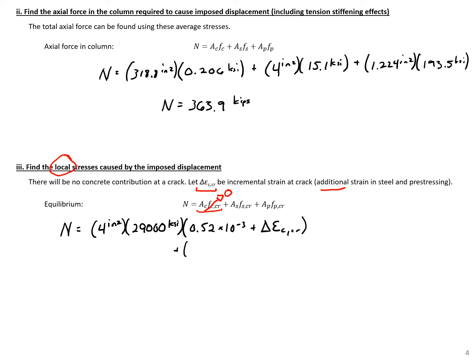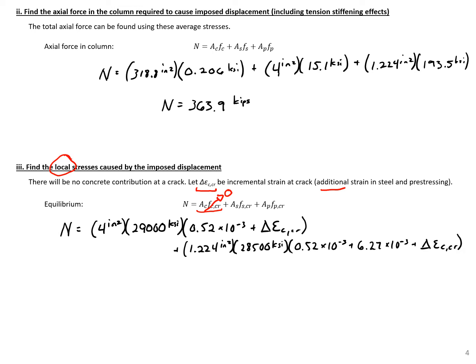So we'll have 1.224 square inches, the total area of pre-stressing, 28,500 KSI, the stiffness of our pre-stressing, and then we need to add 0.52 times 10 to the negative third plus 6.27 times 10 to the negative third plus this incremental strain again.